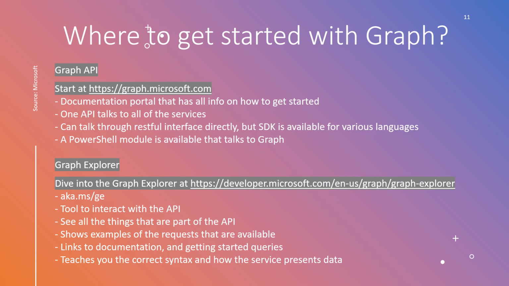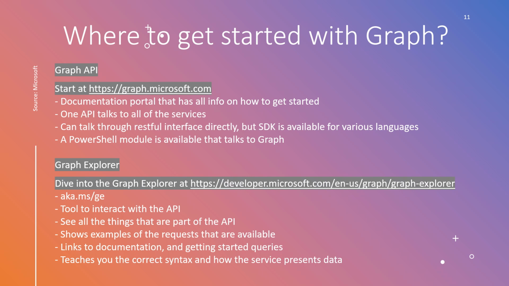Next, we dive into the Graph Explorer, which is another very important element of Graph. Get your hands on it at aka.ms/ge. Graph Explorer is a tool to interact with the API. It is a great place to get started and see all the things that are part of the API.